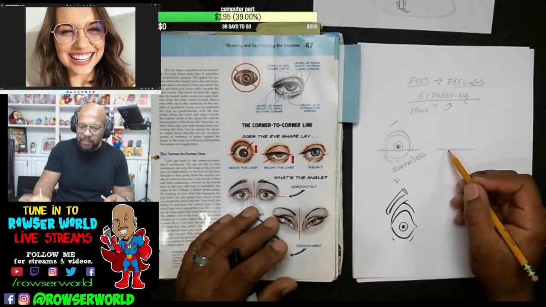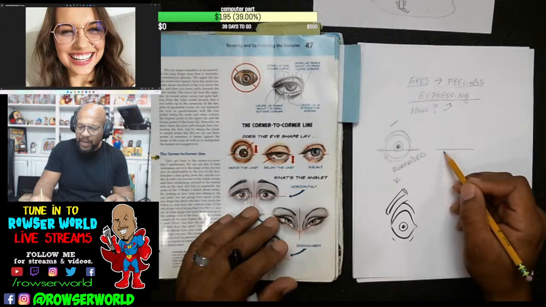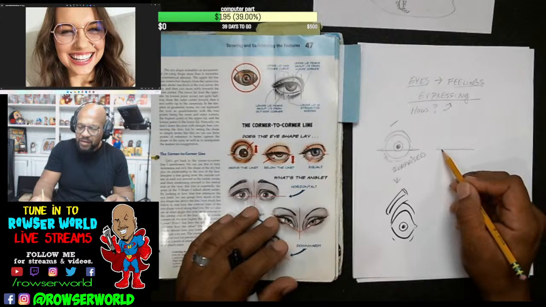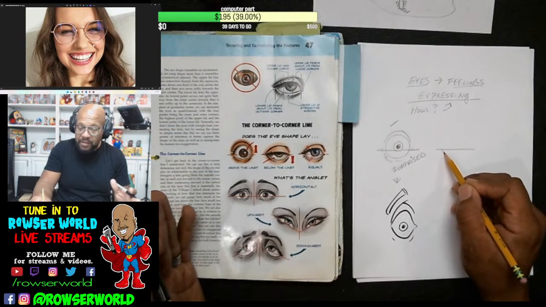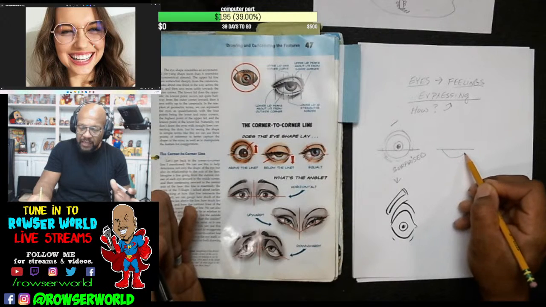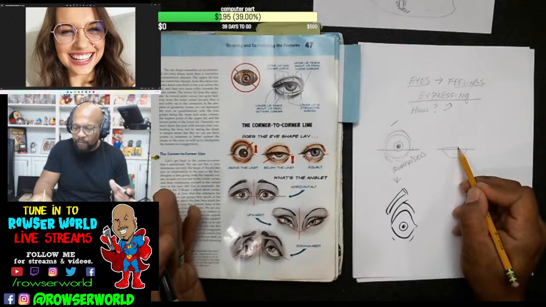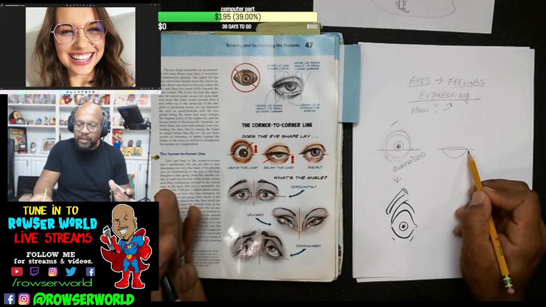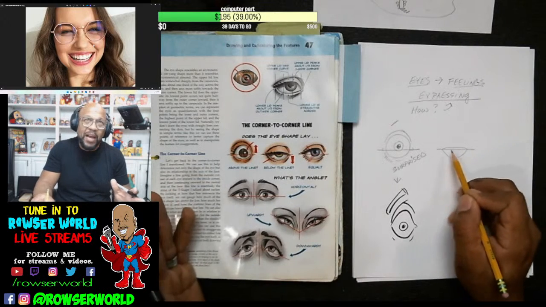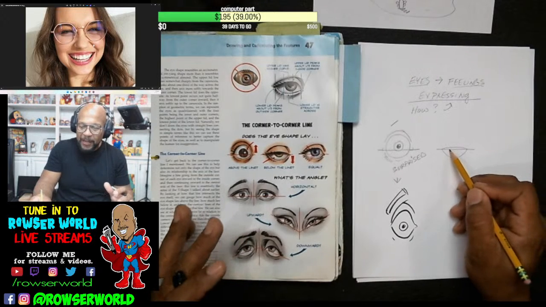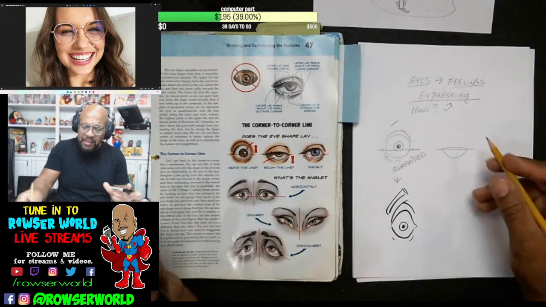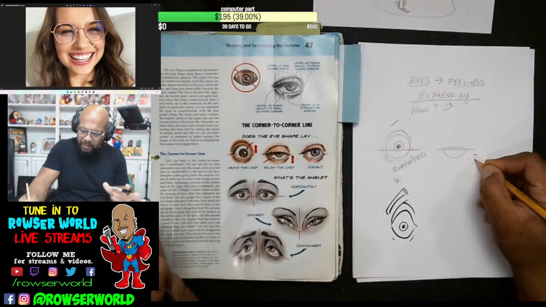So that half circle, right, has obviously all of the white space below the line here. And you might have a little bit because eyes don't actually go flat right here, but you don't have to draw that. You can just go flat with it. It doesn't matter. But most of the space is going to be here below the line.